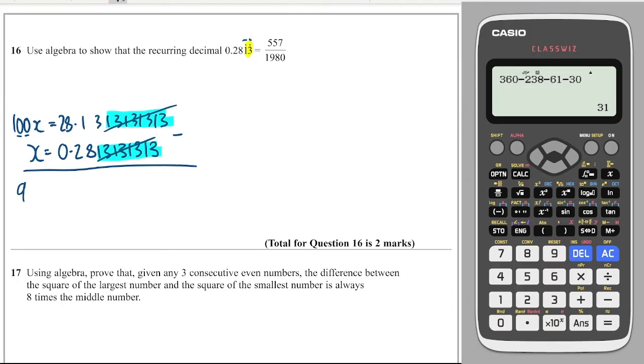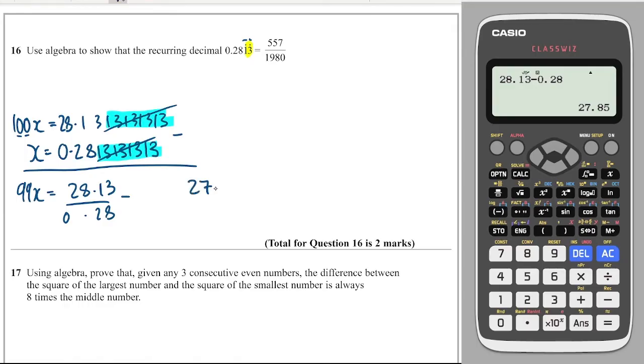So I'm going to have 99x is equal to 28.13 minus 0.28. So I'll go and do that on my calculator. I will do 28.13 minus 0.28. And that will give me 27.85.